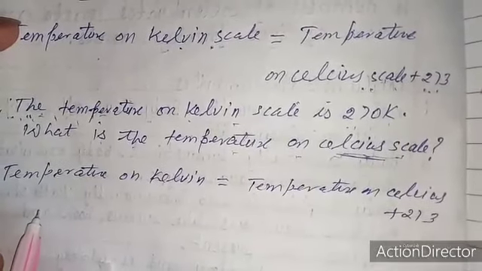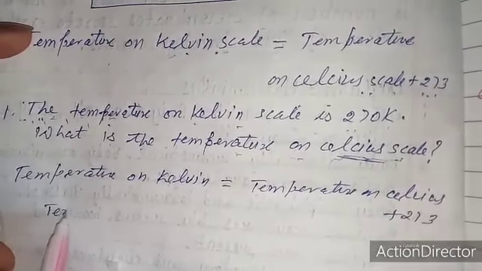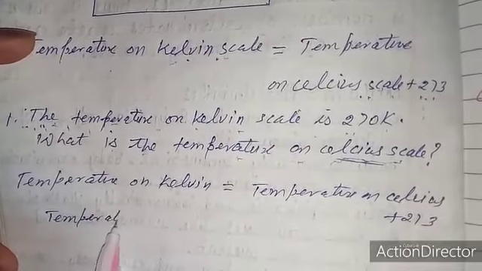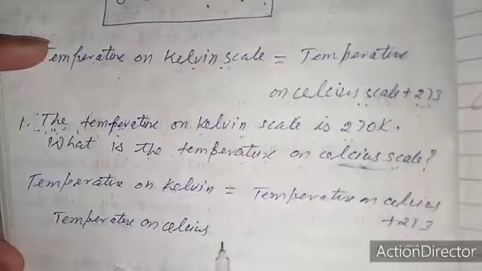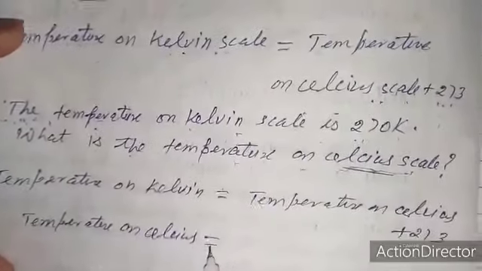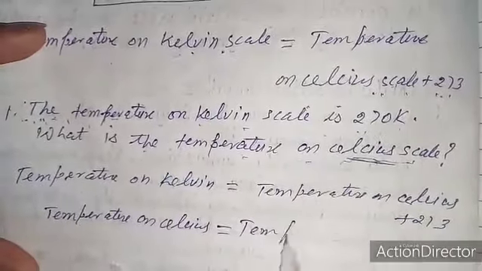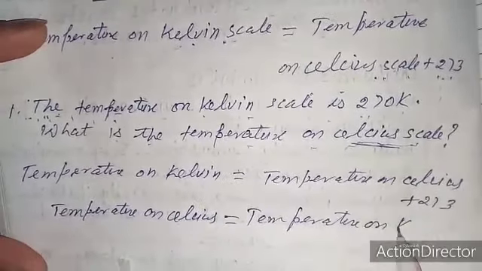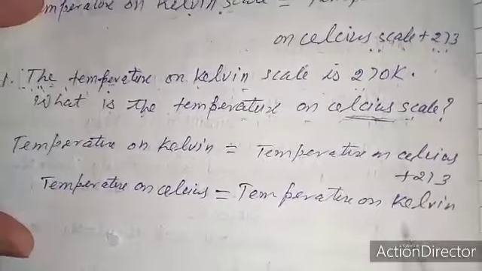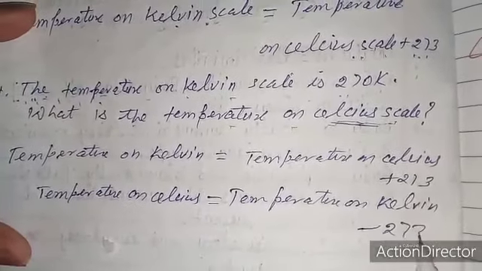Then temperature on Celsius is equal to temperature on Kelvin minus 273.